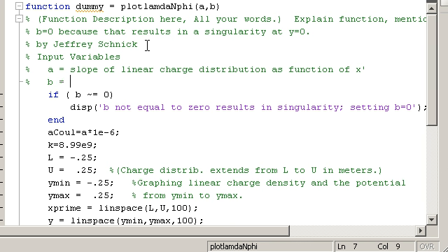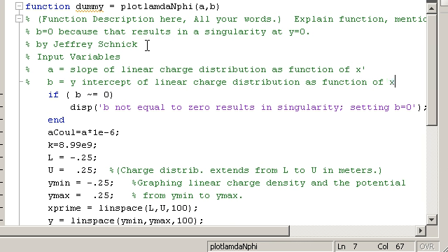B equals y-intercept of linear charge distribution as a function of x prime. So I'm talking about the slope. That means there's a line, and the line is a graph of linear charge distribution as a function of x prime. In other words, lambda versus x prime. That was it.